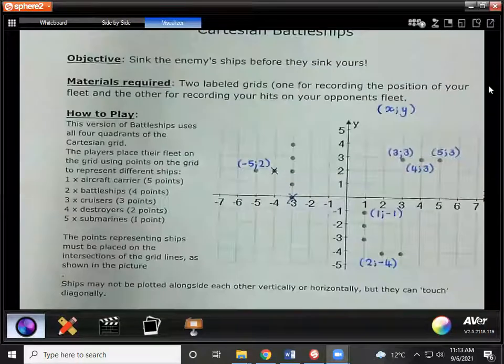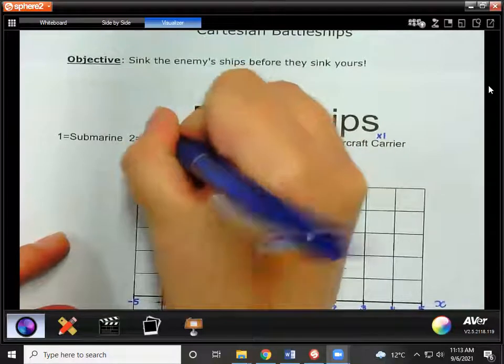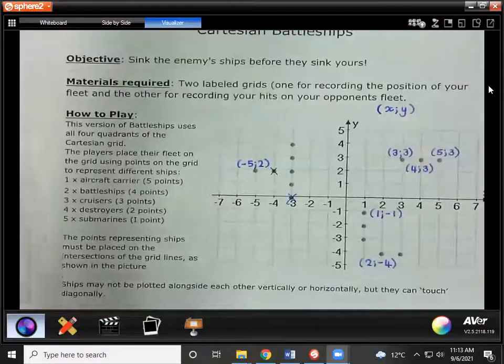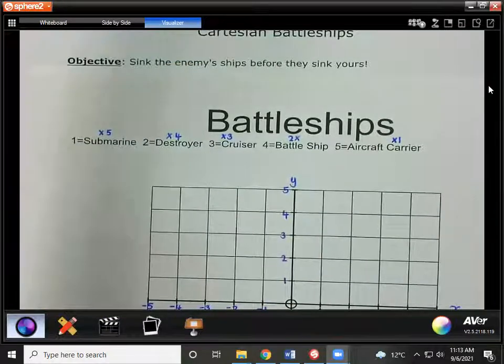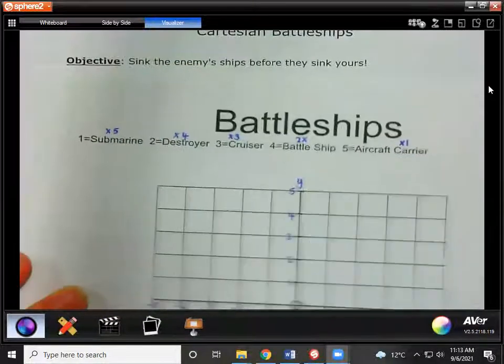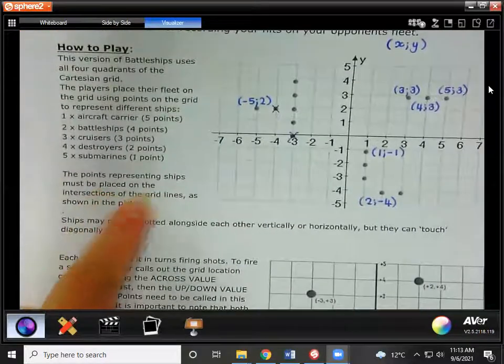There are 4 destroyers that are only 2 points long, and then there are 5 submarines, which are just 1 point on their own.